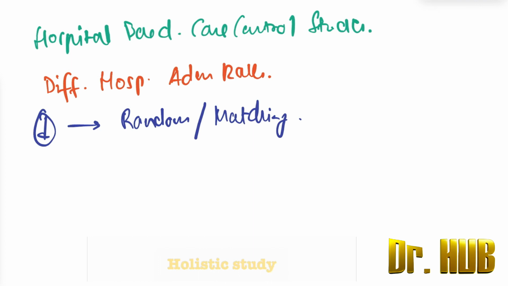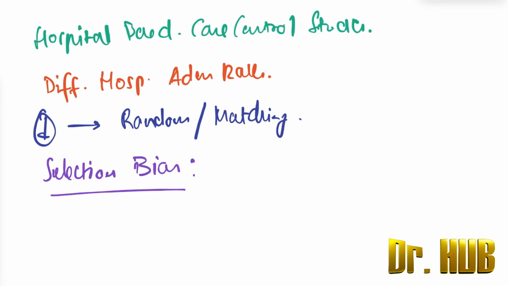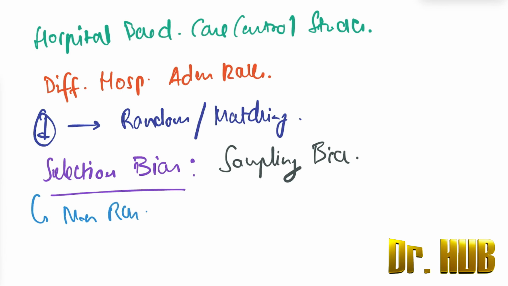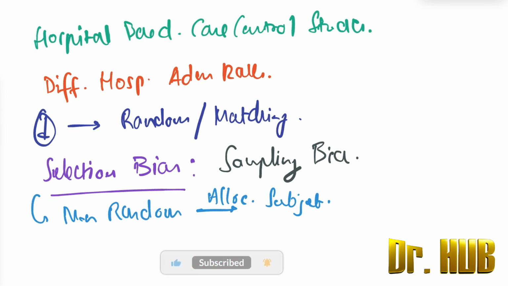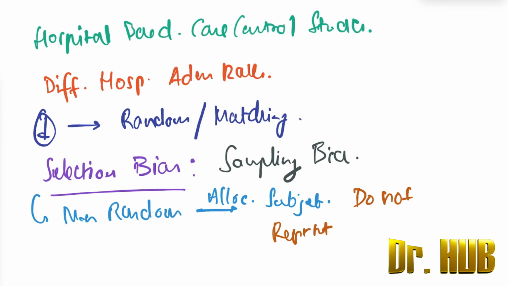Then we have something known as selection bias. Selection bias is a sampling bias, that is, a non-random allocation of subjects that do not represent the population.